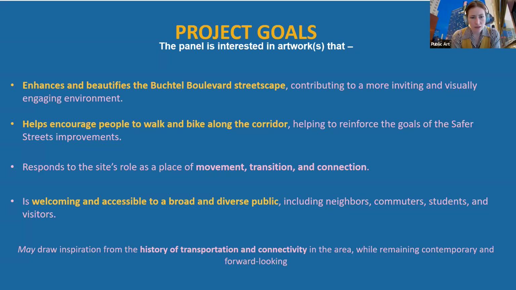And then something else we talked about in the orientation meeting is that this area in general has some interesting transportation history. It is a suburb of Denver and was one of the early suburbs to have streetcars and rail lines, and it continues to be heavily serviced by our regional transportation district and has light rail and buses. We have a lot of people who live out here and then might commute to downtown Denver.